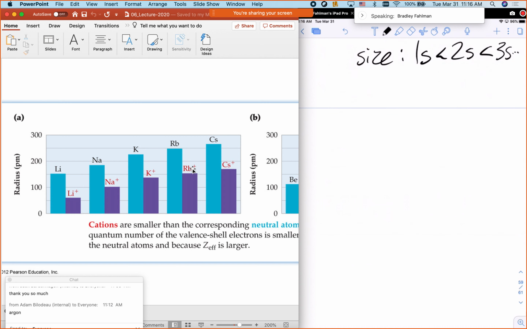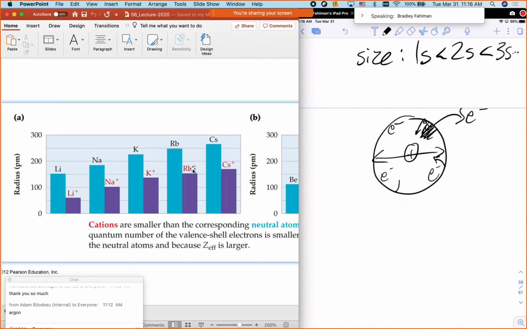And so the dimensions, the radius or the diameter of an atom, really correspond to the electron density around a positive nucleus, right? And so if we're taking electrons away, then this radius or diameter shrinks, okay? So positive ions, so cation size, will always be less than the neutral atoms.